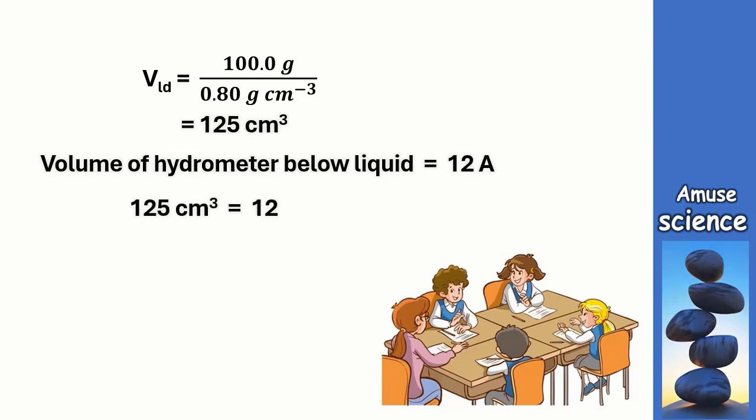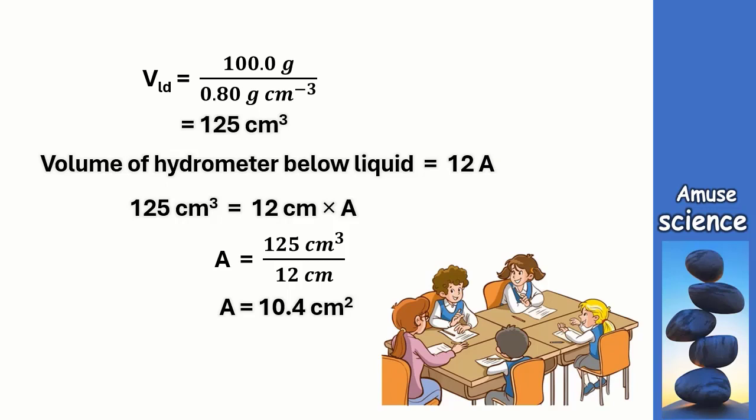We are going to get 125 cubic centimeters is equal to 12 centimeters multiplied by A. Now if we make A the subject, we are going to get 125 cubic centimeters divided by 12 centimeters. And when we compute this once again on our calculators, we are going to get 10.4 square centimeters. So 10.4 square centimeters will become the cross-sectional area of the hydrometer.